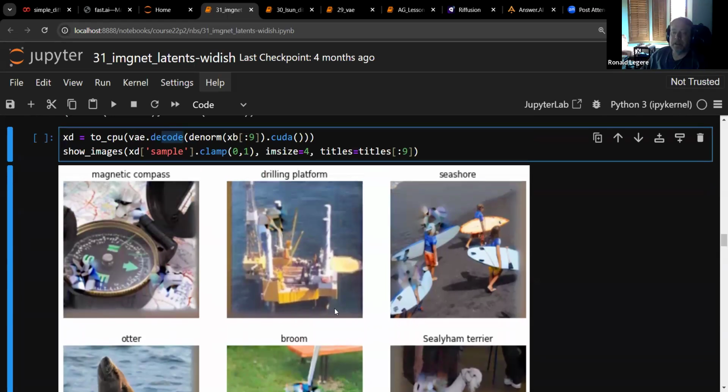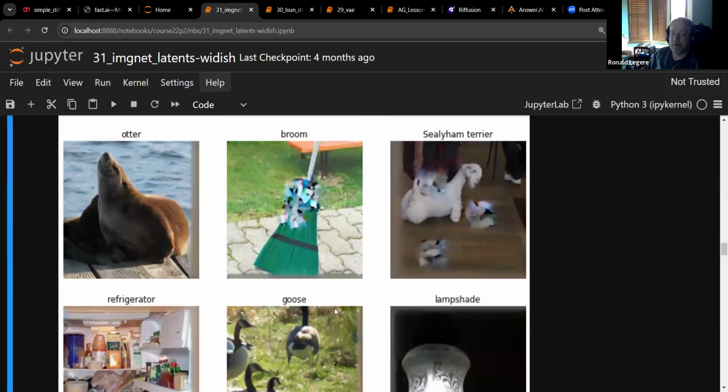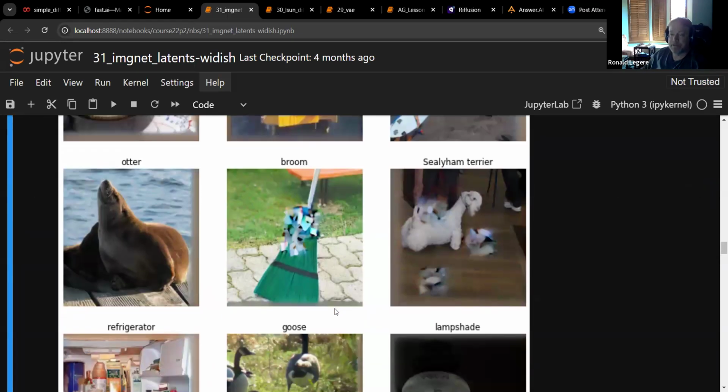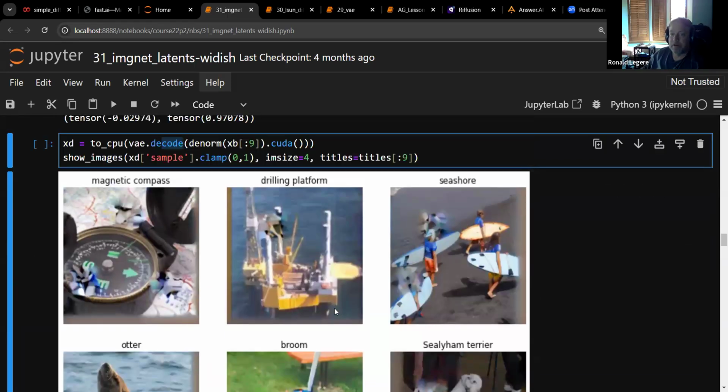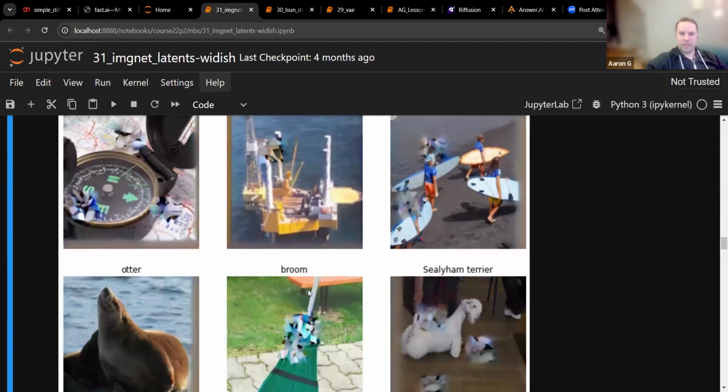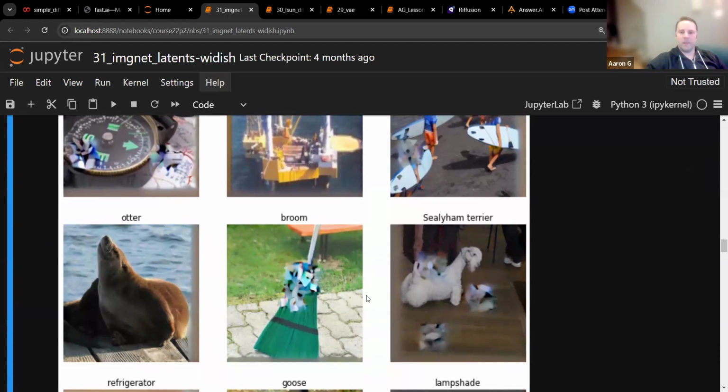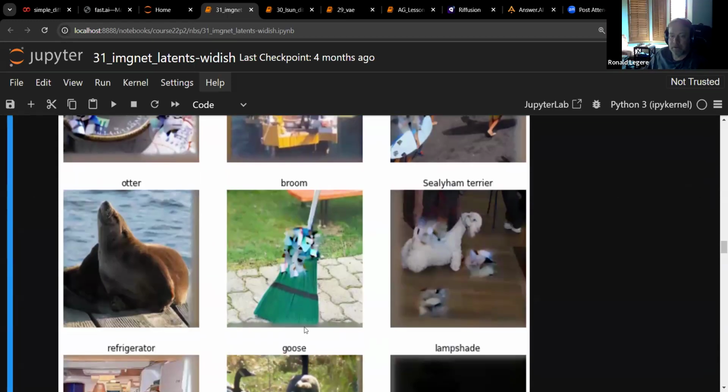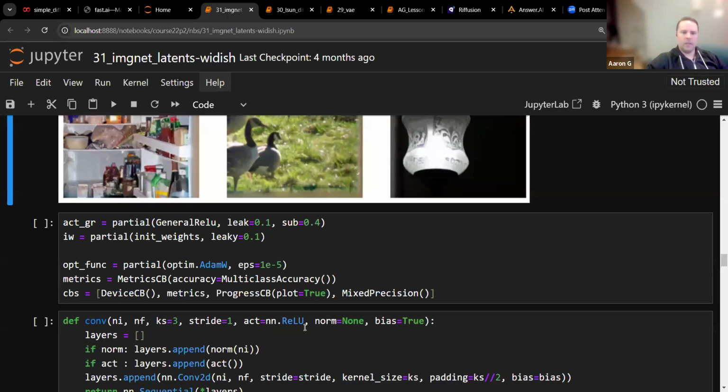And remember he's trying to train a classifier here, so he wants to give it things that have been messed up a little bit to make the classifier work harder. He's already done that in the latent space, and now we're decoding it back, just to see. We wouldn't expect this to look great because we haven't trained anything yet.